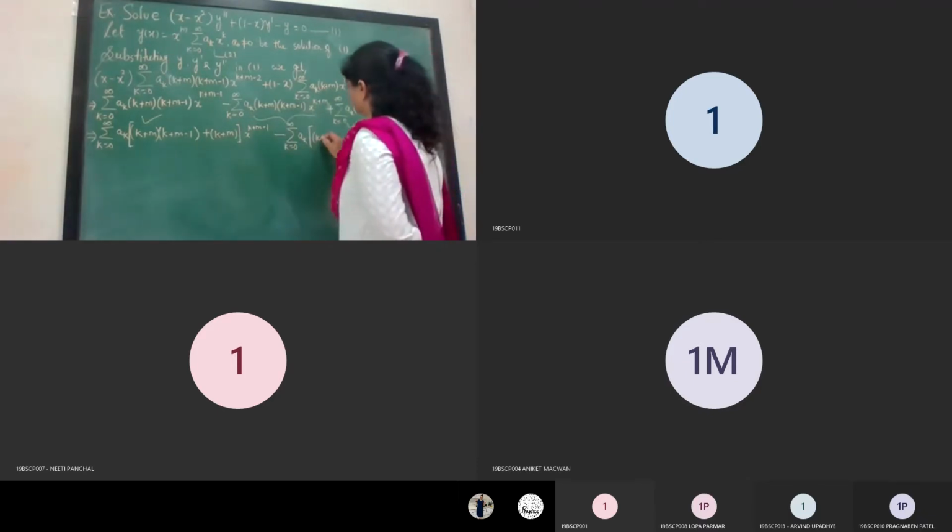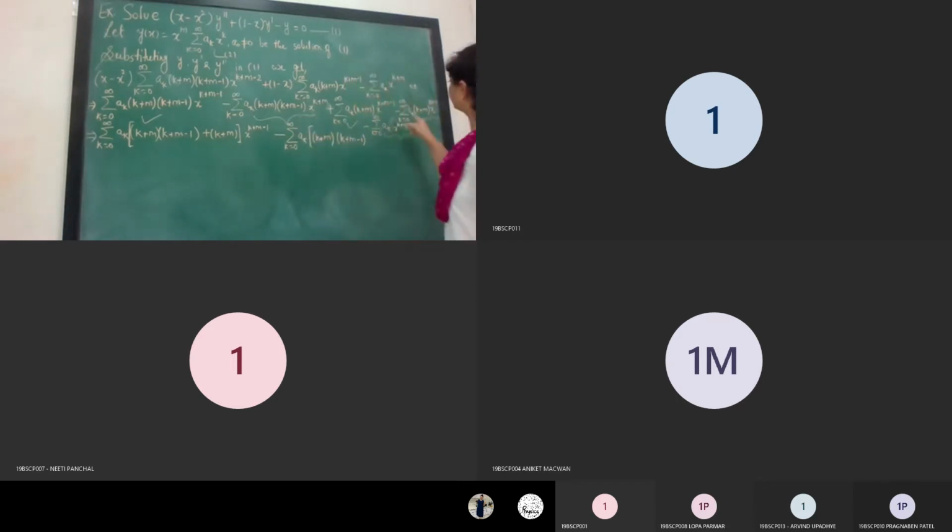So it is k plus n minus 1 from this term. From this minus sign I have already considered common, so here plus k plus n. AK is already common, so just 1 over here, and x to the power k plus n is equal to 0.